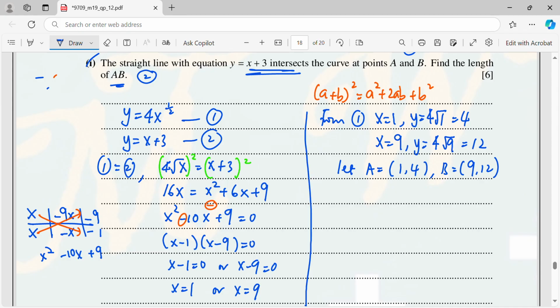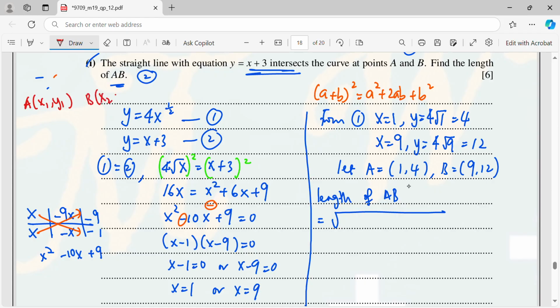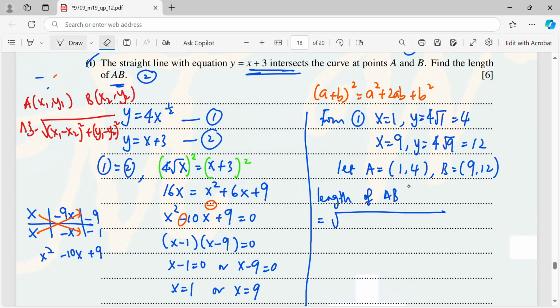Okay, so now the length of AB. Use the formula: let's say you have 2 points, x1, y1, and x2, y2. Then AB is the square root of x1 minus x2 squared plus y1 minus y2 squared. This is the formula for the length between 2 points.